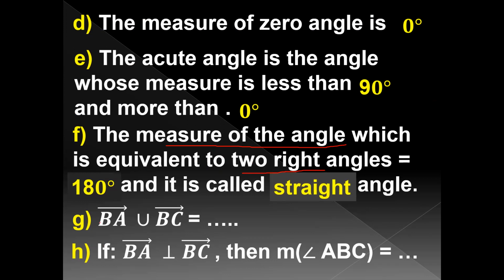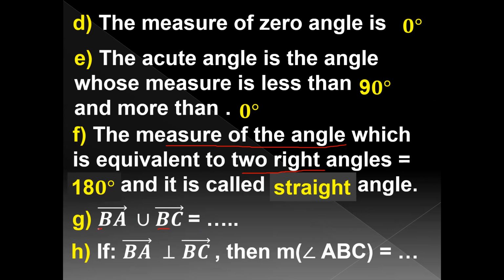Next question. Ray BA union ray BC. What will we find from the union between two rays? The union between two rays is the angle, but the order of its letters is very important. The common point is B, so B will be the vertex of the angle.